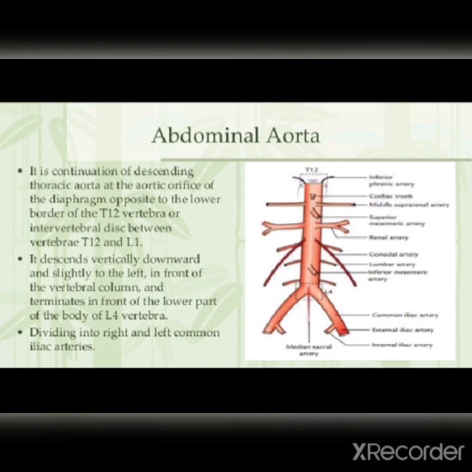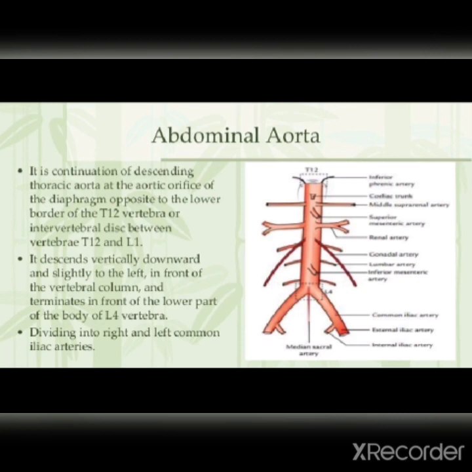It is a continuation of the descending thoracic aorta at the aortic orifice of the diaphragm, opposite the lower border of the T12 vertebra or the intervertebral disc between vertebrae T12 and L1.